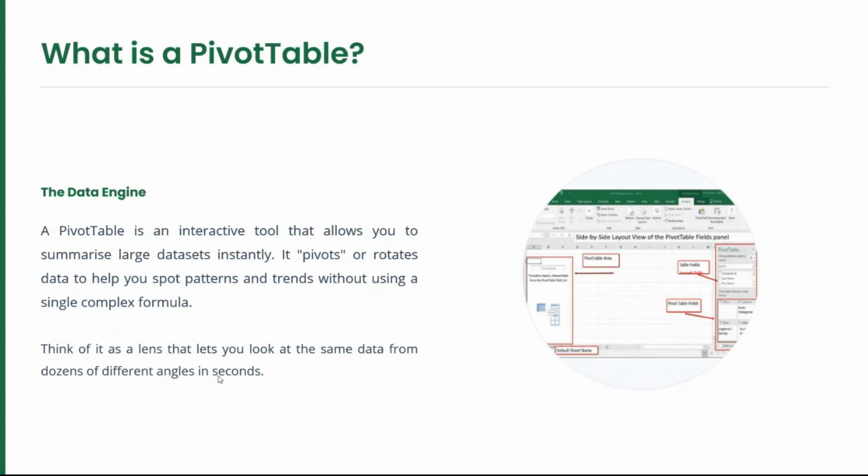So it's, as I've mentioned, a lens that lets you look at the same data from dozens of different angles in seconds. So you can slice and dice your data by any field. For example, if you have a column for month or a column for age or gender, or if you are looking at countries or any type of data point where it's not a figure, you can look by many different aspects, even customer demographics.